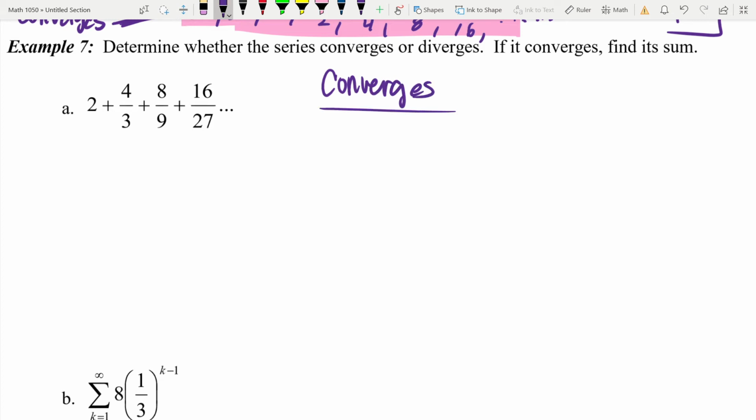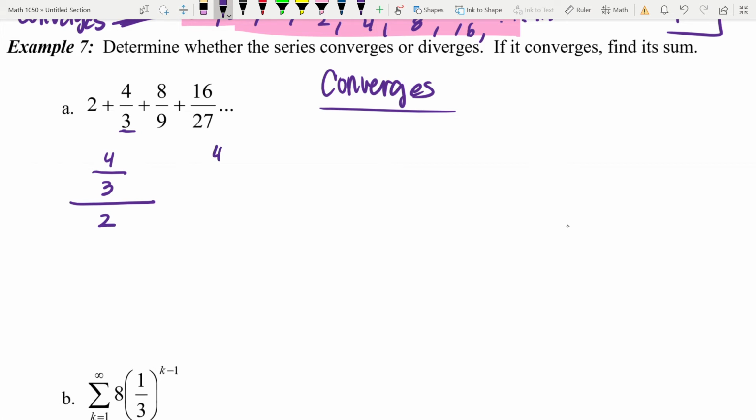Because the numbers are getting smaller. Here's how you figure out the ratio. You have to know the ratio. A couple of different ways you can do it. This is how I think you should do it. Take the second term, 4/3, and divide it by the previous term, which is a 2.